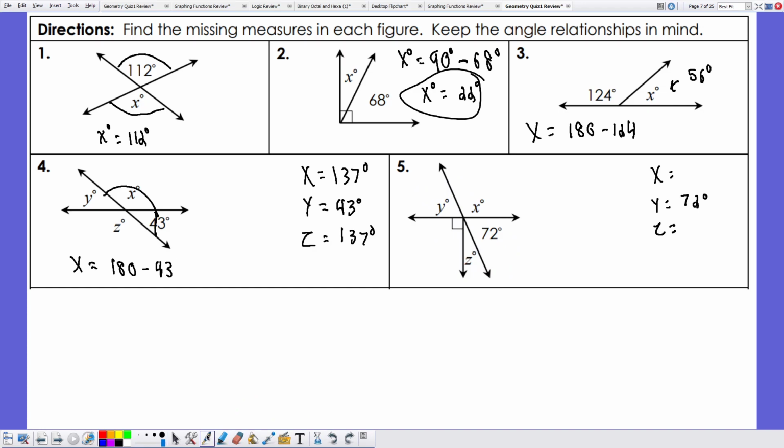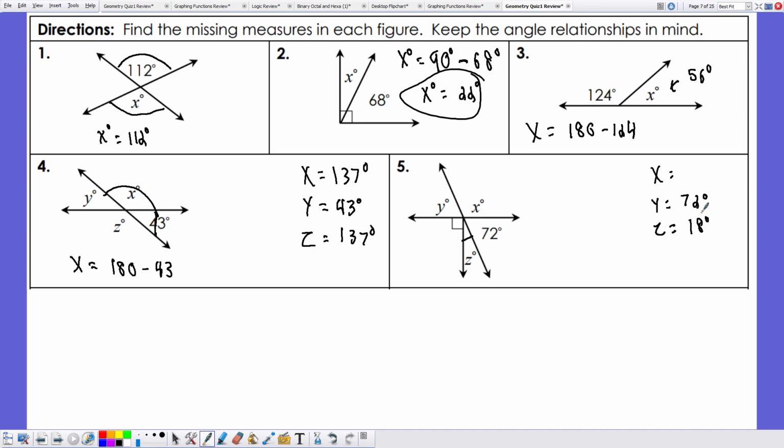Well, we notice this is a 90-degree angle, and therefore this must be a 90-degree angle as well, because technically those two angles are linear pairs. So if this and this add up to 90, and Z is the little part I need to find, the other part's 72, well, what plus 72 is 90? That'd be 18. So Z is 18 degrees.